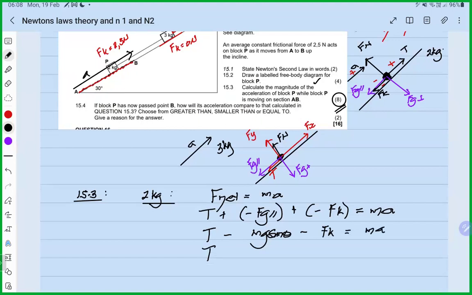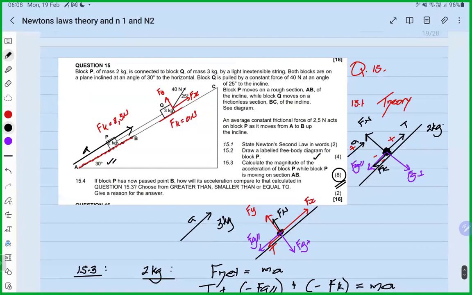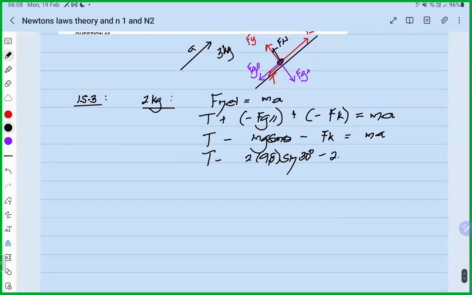We don't know the tension. That's 2 times 9.8. This theta here for Fg parallel is the angle of the inclination, that's sine of 30 degrees. The kinetic friction was given in the question. What was the kinetic friction? 2.5 newtons equals 2a. Can someone simplify this for me, please?